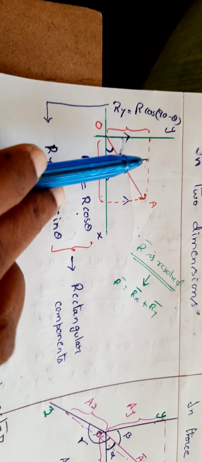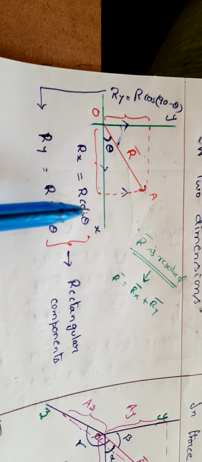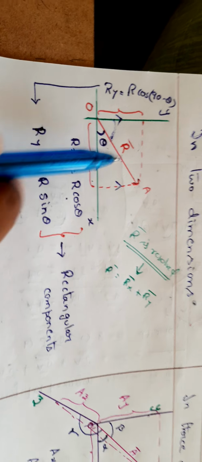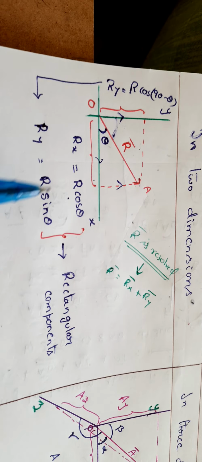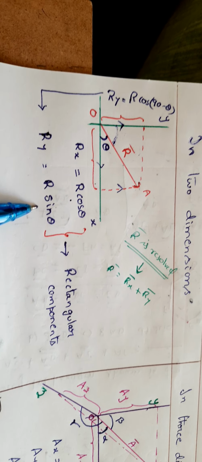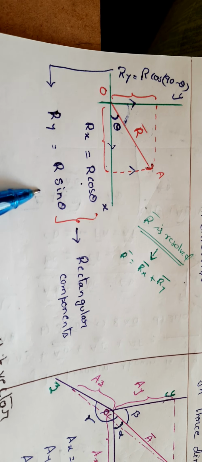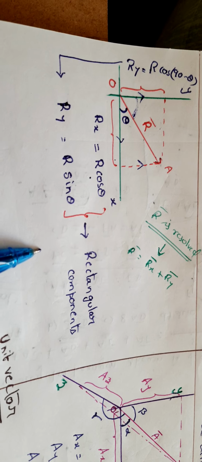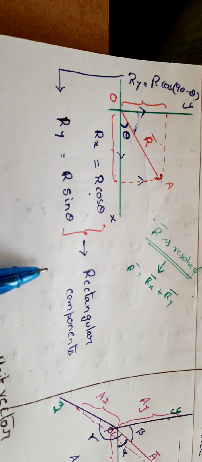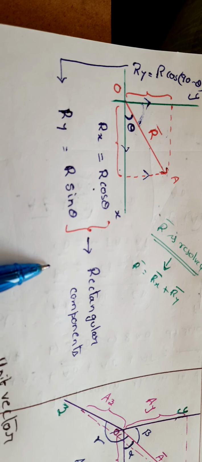That means the magnitude of this particular vector along x direction is r cos theta, and along y direction it is r sin theta. This is called resolving the vector into the components, and these components are called rectangular components of the given vector.